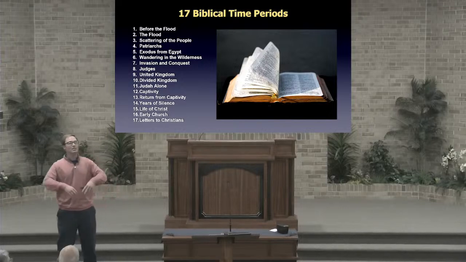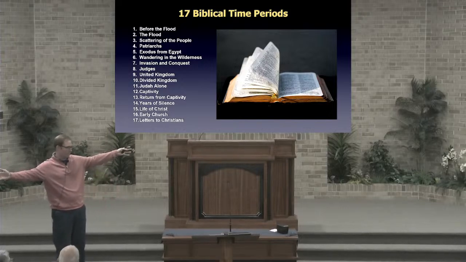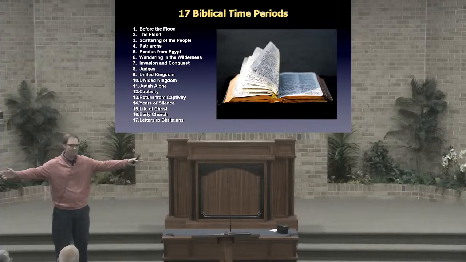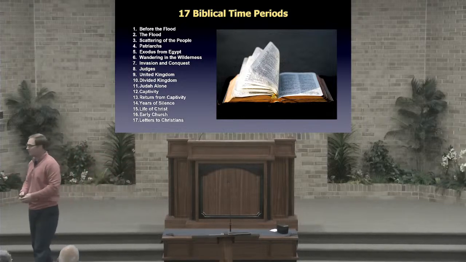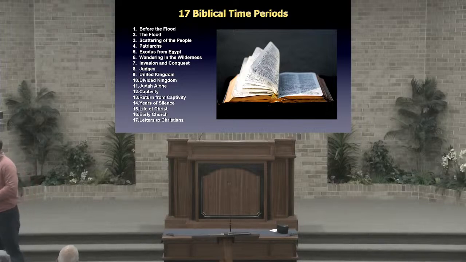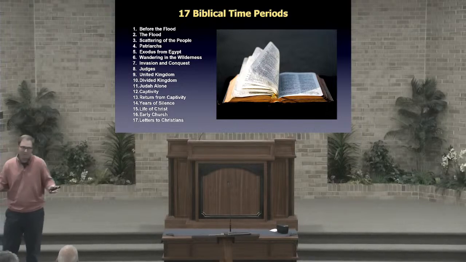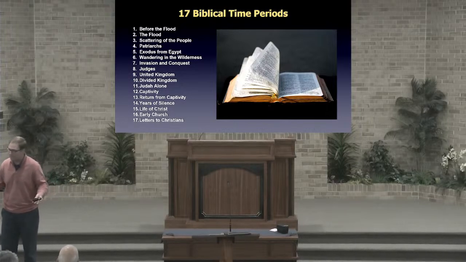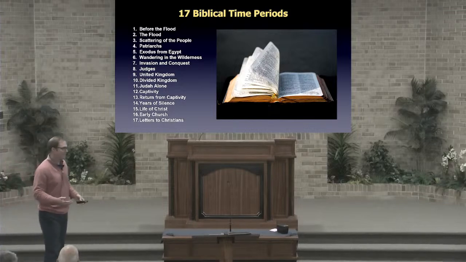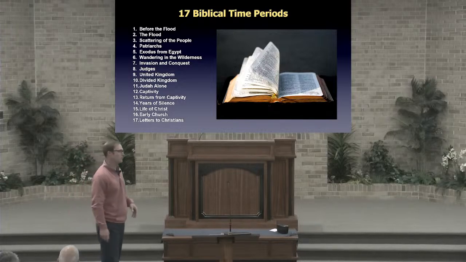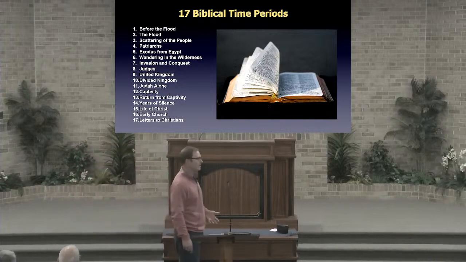If you take the entire Bible, Genesis to Revelation, you can divide it up into these 17 time periods. Now, you could divide the Bible up into 46 time periods, but that would be a lot more difficult to memorize than just 17.